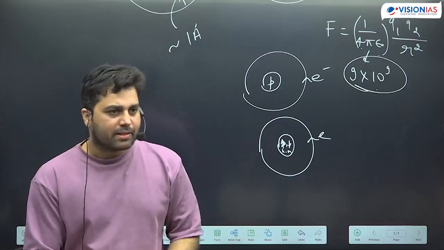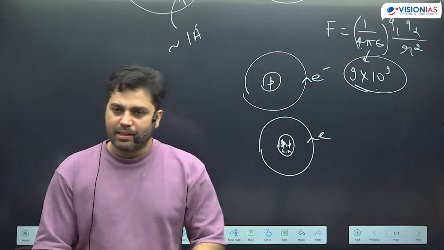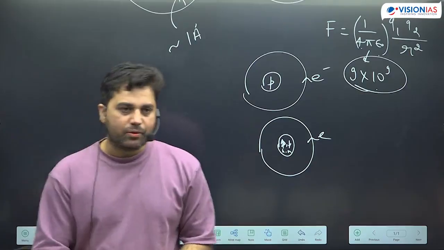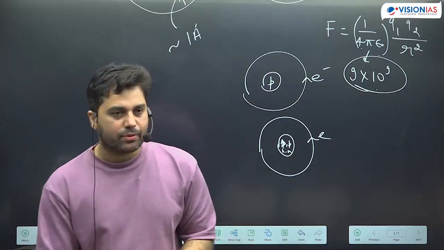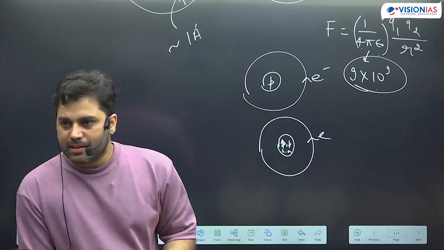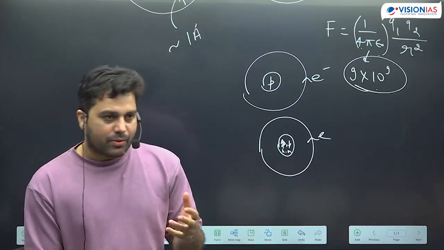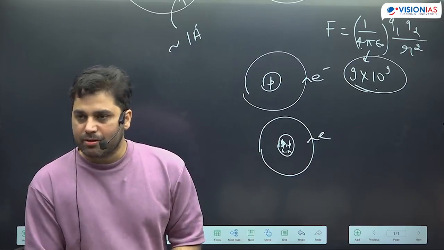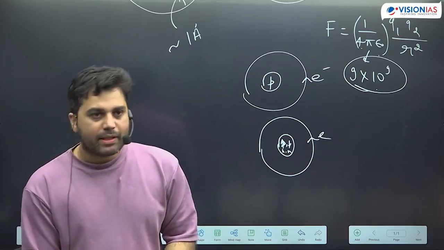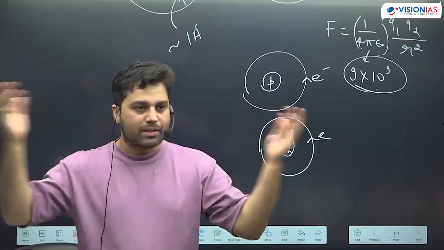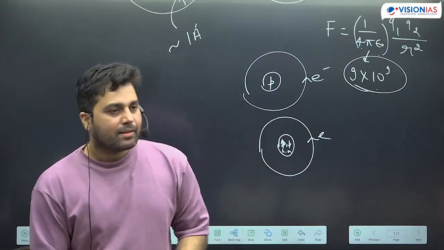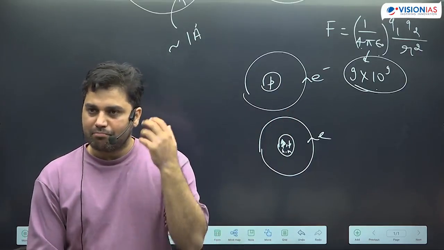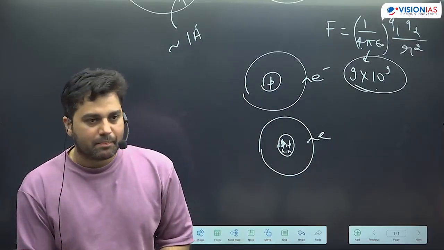Most of the nuclei are stable. Instability only occurs at very high, larger values, or when the proton-neutron difference is really huge. Otherwise, nuclei are stable. So why is it so that despite such a powerful electromagnetic repulsion, the nucleus simply does not disintegrate or burst out? What is that mechanism which makes the nucleus stable?